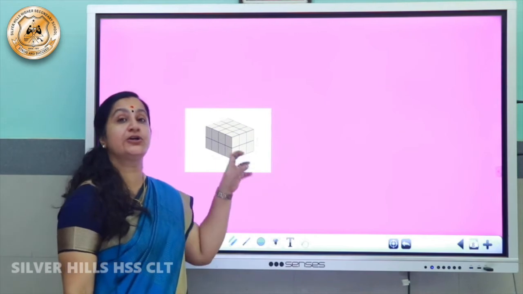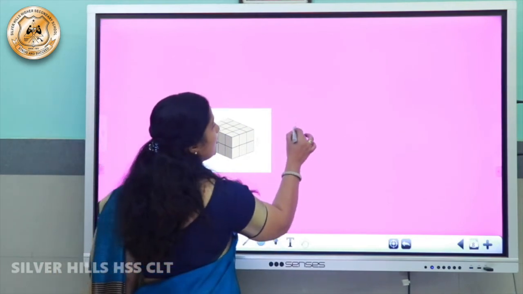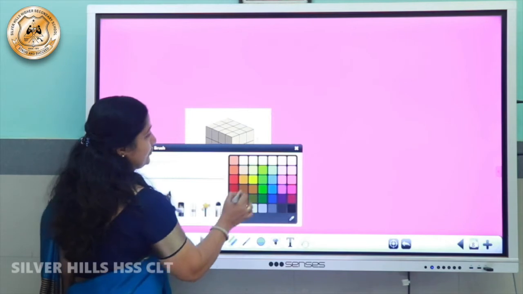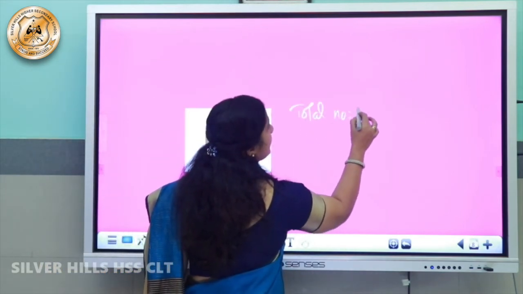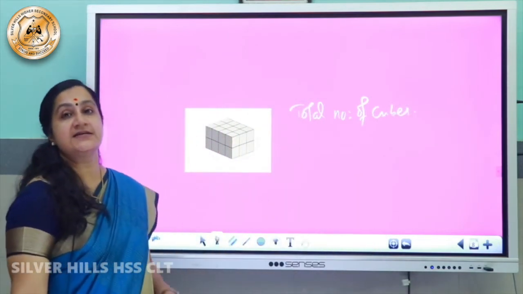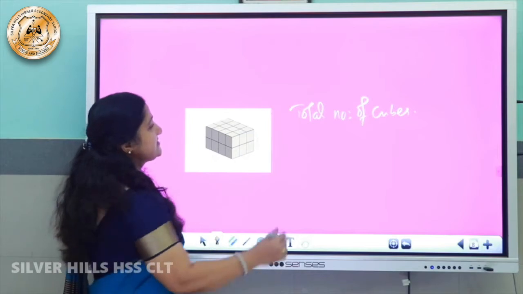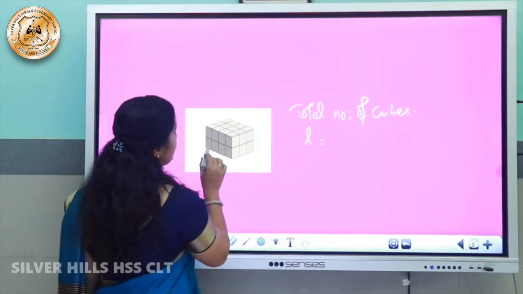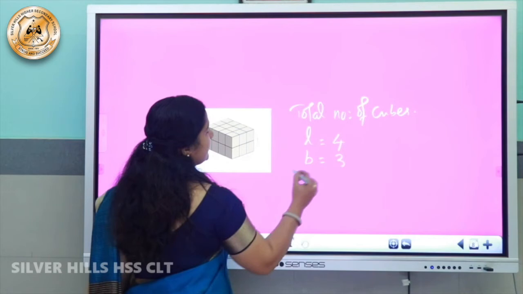So, how many cubes are there in this figure? Total number of cubes. We have discussed the easy way to calculate the total number of cubes. Lengthwise, tell me how many cubes? It is 4. Breadthwise, how many? 3.